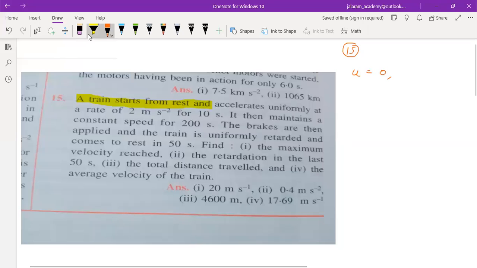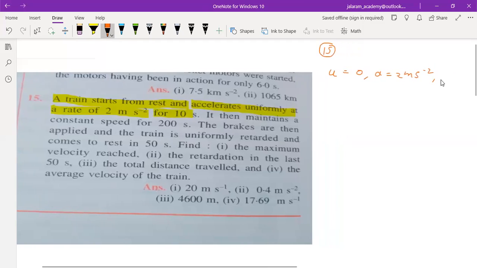Accelerates uniformly at the rate of 2 meters per second square means a equals 2 meters per second square for 10 seconds. So first of all, write all the information. t equals 10 seconds.